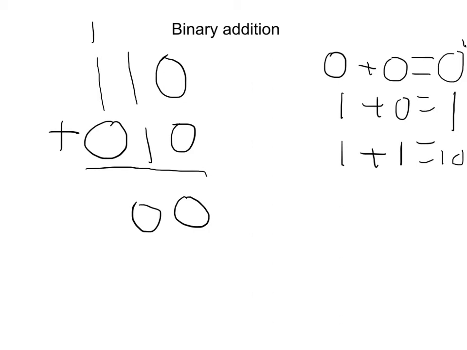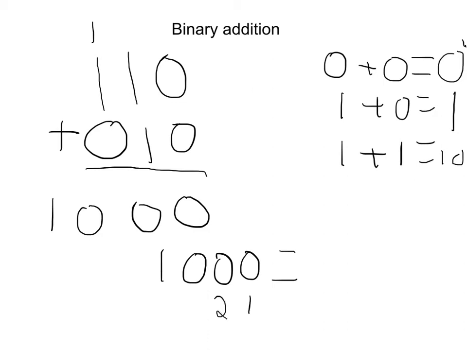But 1 plus 1 equals 1, 0. So I write 1, 0. So the answer is 1, 0, 0, 0. Now 1, 0, 0, 0 actually equals, if we look, it's 1, 2, 4, 8. 1, 0, 0, 0 equals 8.